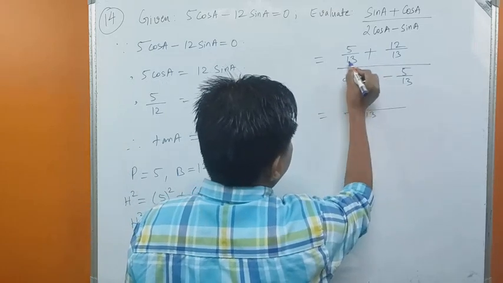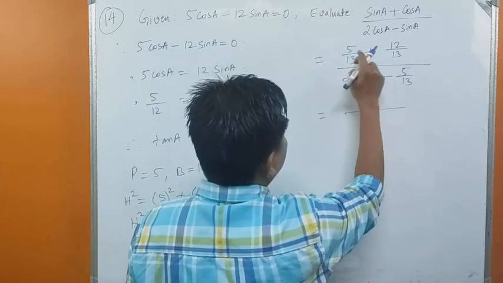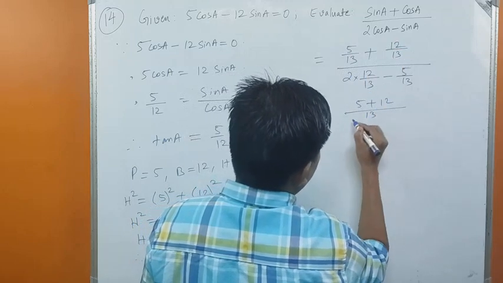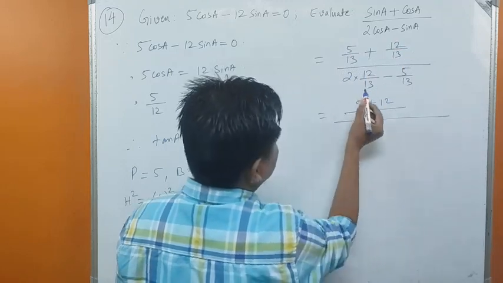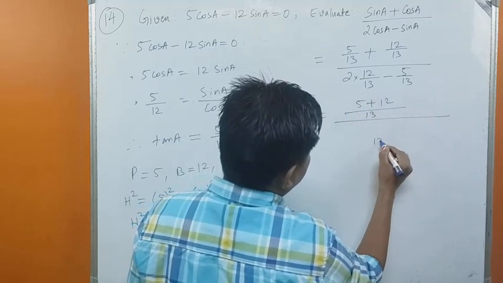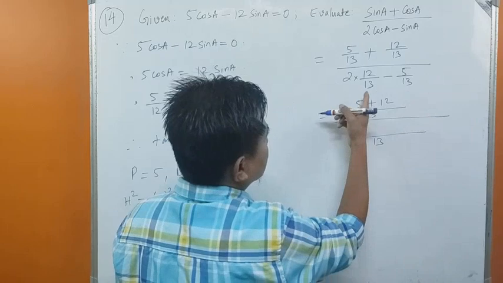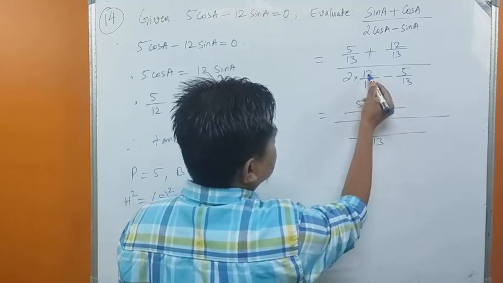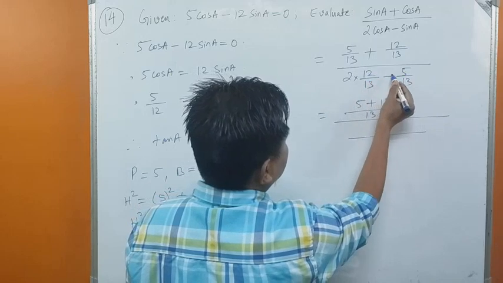Since the denominators are equal, we write the numerator as it is, 5 plus 12 whole upon, we take the LCM of the denominators, 13 and the LCM will be 13. Now since the denominators are equal, we write the same numbers in the numerator, 12 minus 5, okay?